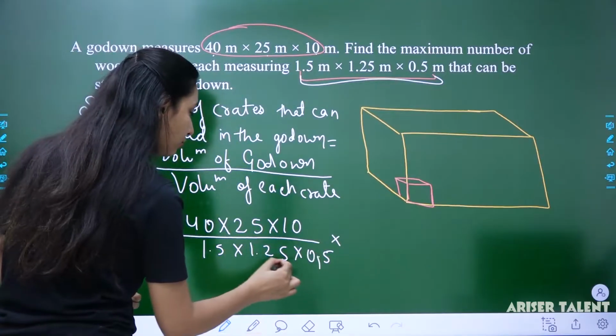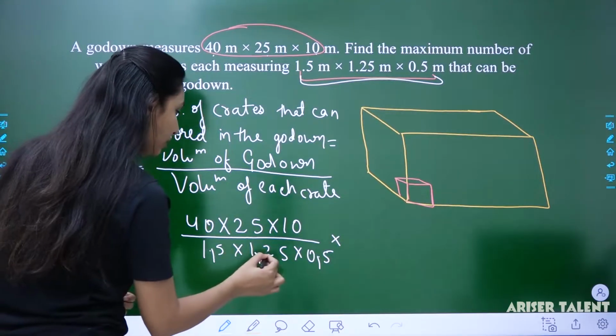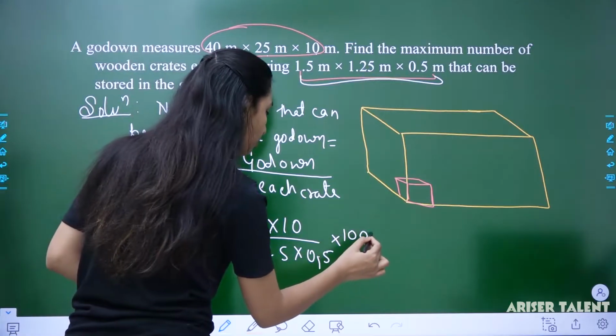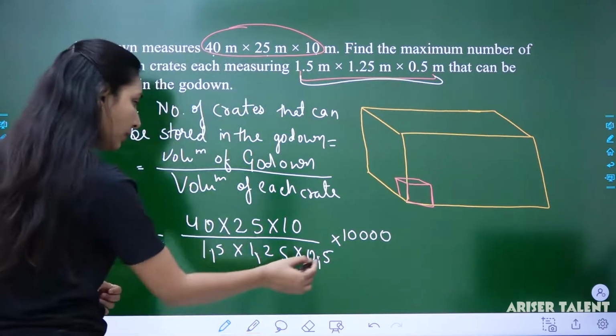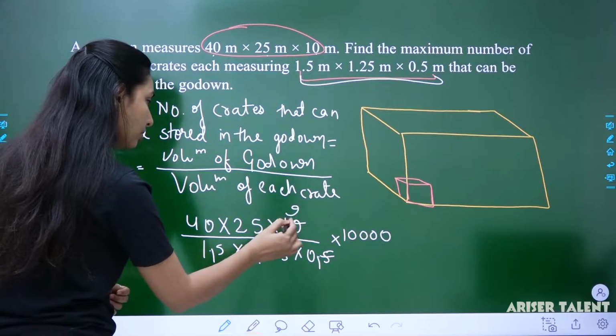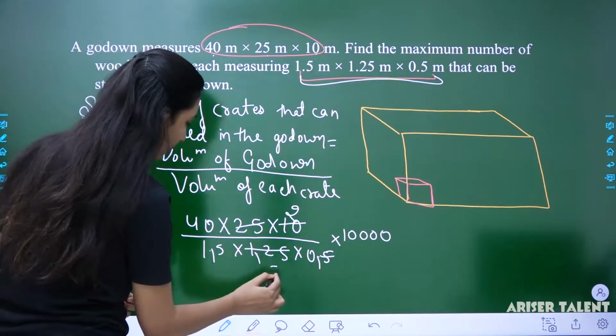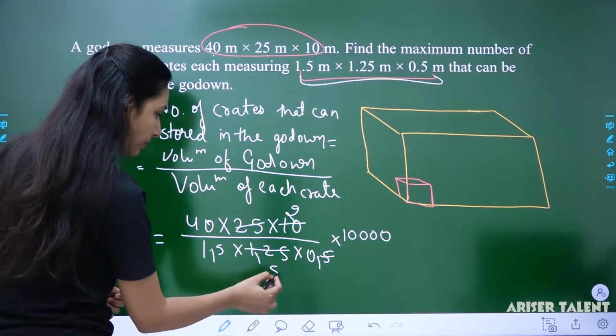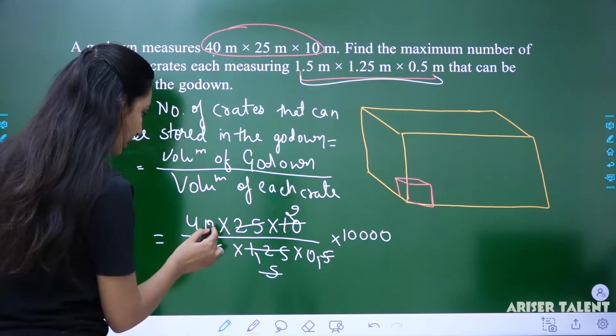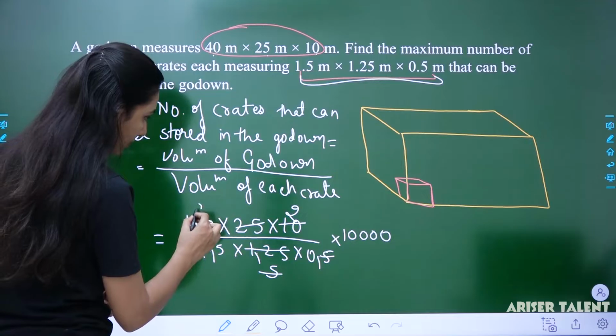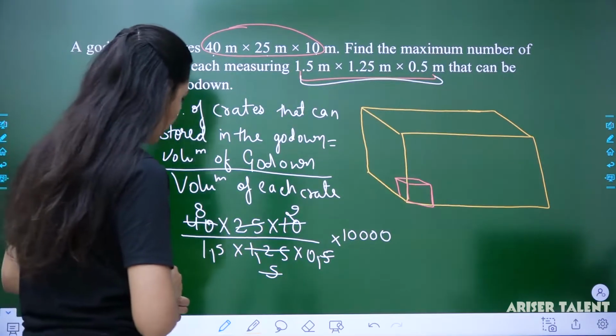Okay. Remove all the zeros here: 1, 2, 3, 4 and 1, 2, 3, 4. So 2 times 5 times, then this will be cut by this 8 times.